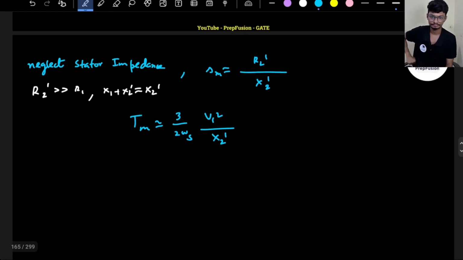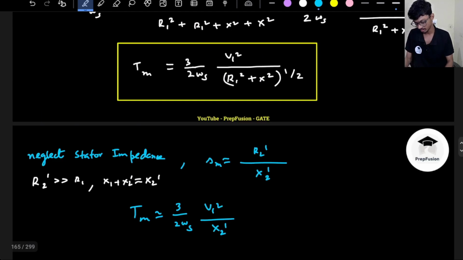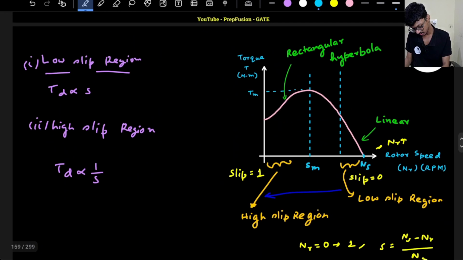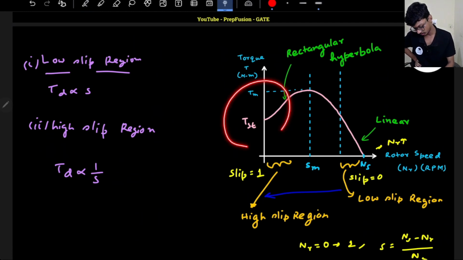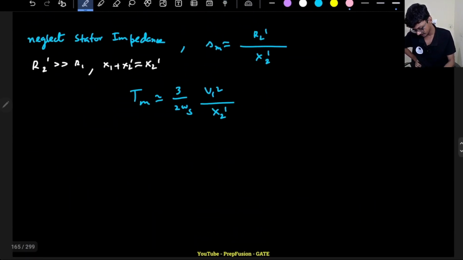The important factor is the relationship between the starting torque and the maximum torque. Okay, so here I have starting torque, where did it go? So this is known as the starting torque when the rotor speed is 0, and this is the maximum torque. So I will find out the ratio between the starting torque and the maximum torque. So it is basically T starting divided by T maximum.